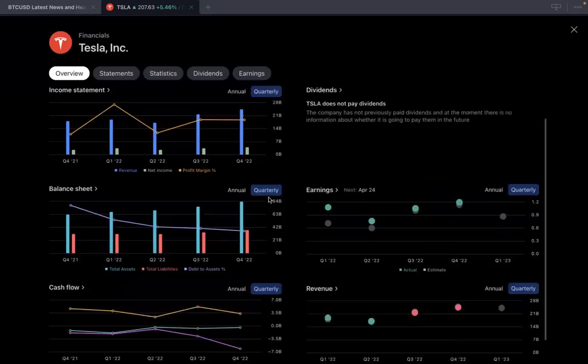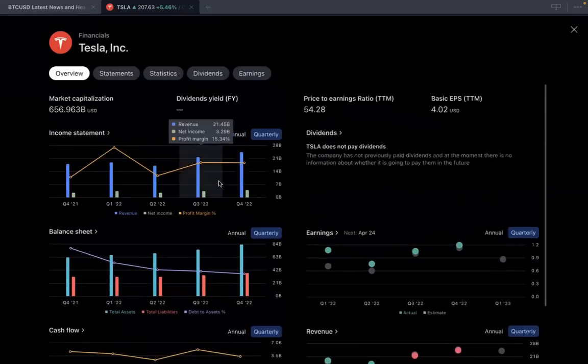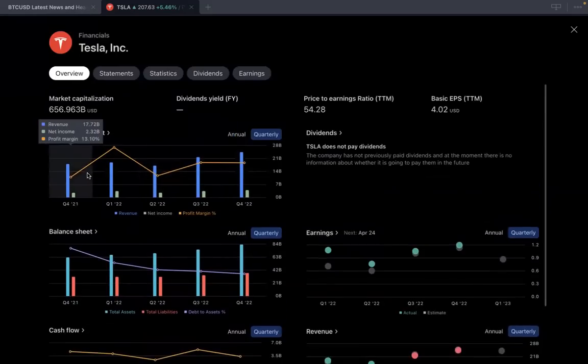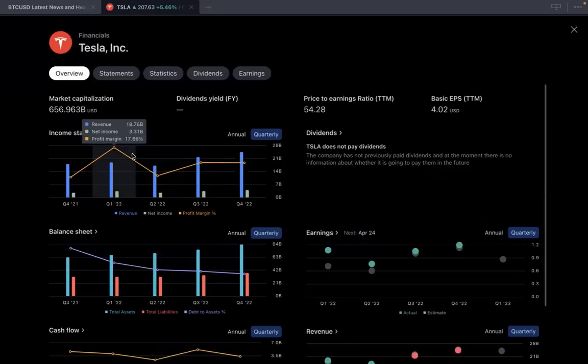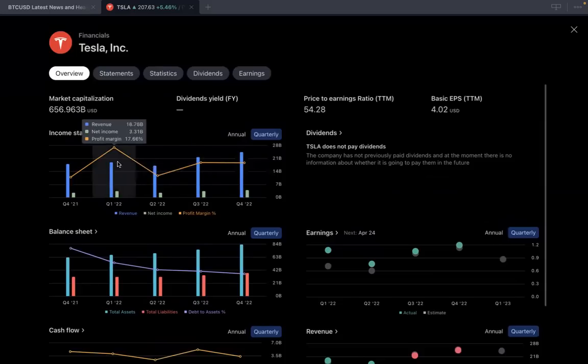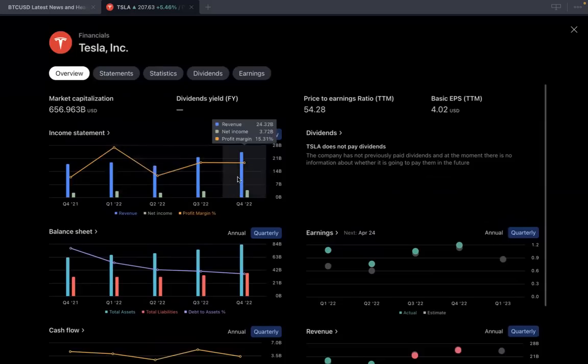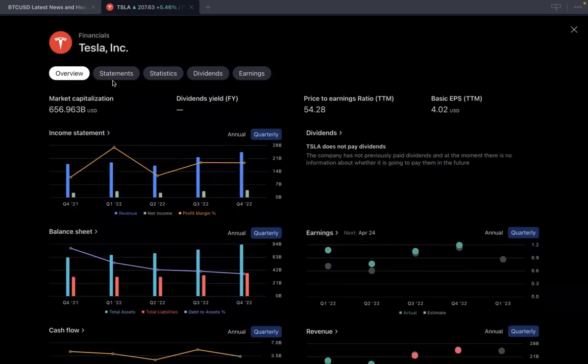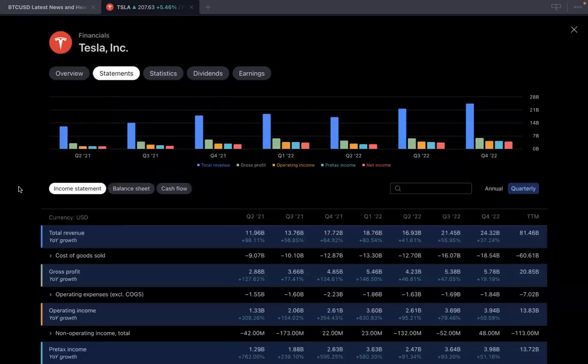Things happen. Profit. There's the profit margin. All right, and it just keeps growing in revenue. Just keeps growing. Statements, here they are. Let me move myself up there. Here are the statements.